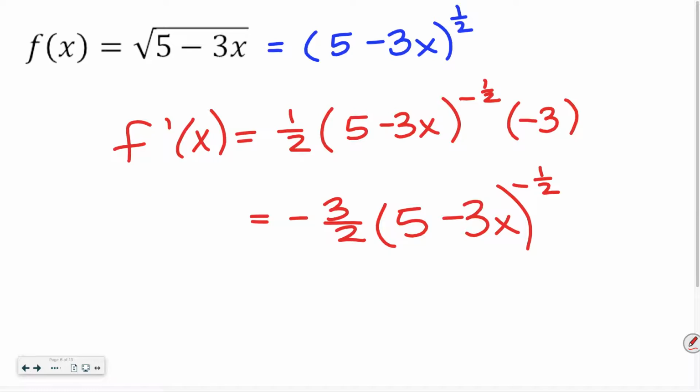And since it's inside the radical, then that radical would be the outer. So when we write it to that 1/2 power, we now have that as our outer function. So the outer function was like radical x and g of x was 5 minus 3x.